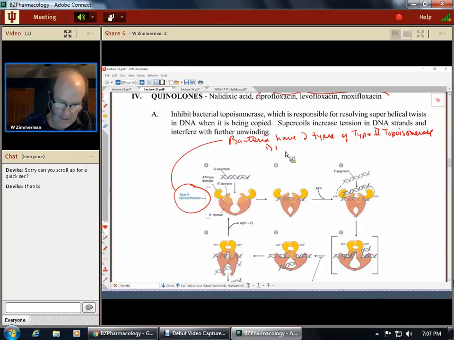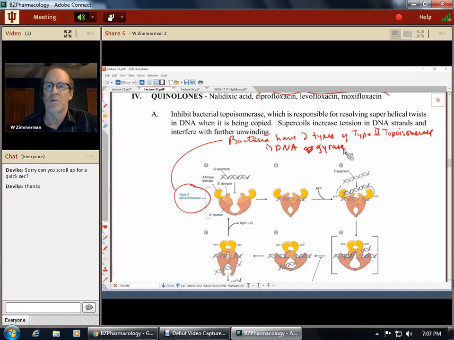One, they have DNA gyrase. Quite often people just talk about the DNA gyrase as if it was a different kind of topoisomerase. It's a subset of type 2 topoisomerases.